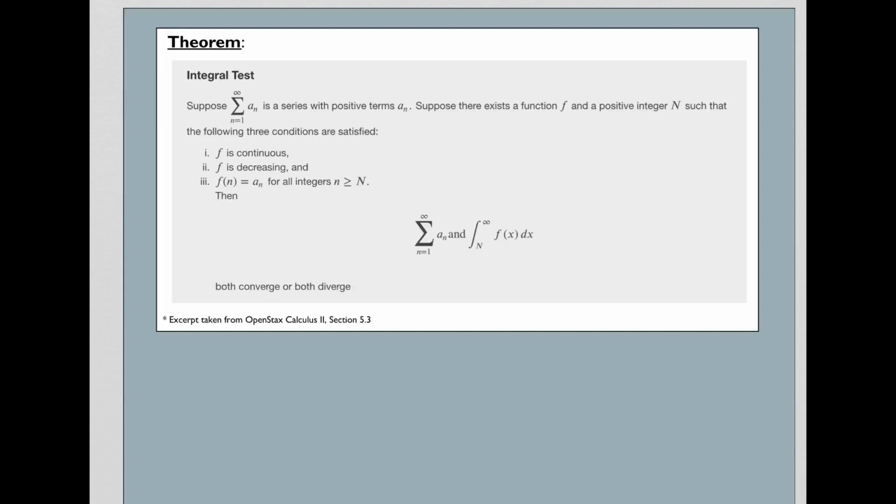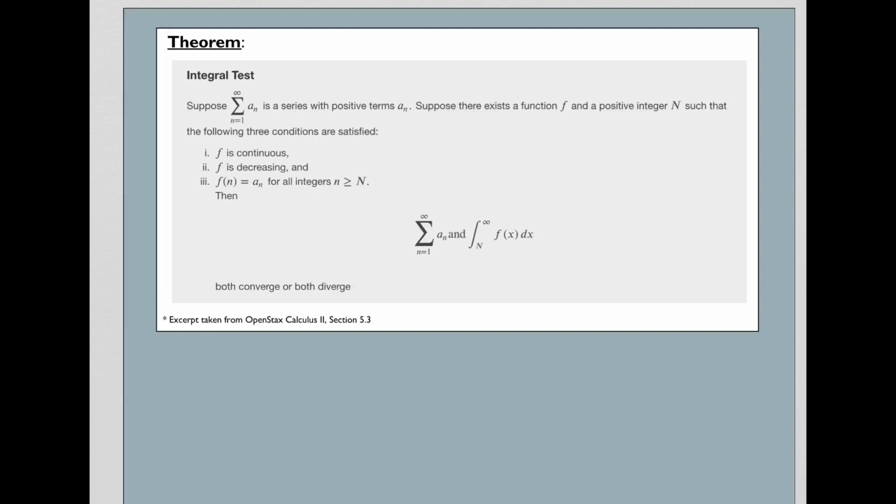Moreover, suppose that there exists a function, f of x, and a positive integer capital N, such that the following three conditions are satisfied. Number 1, f is continuous. Number 2, f is decreasing. And number 3, f of n equals a sub n for all integers n greater than or equal to capital N.